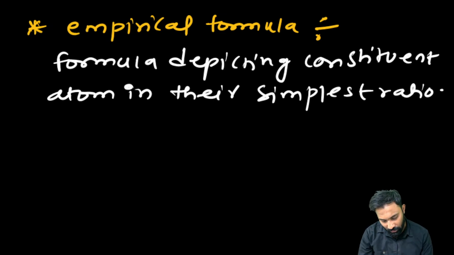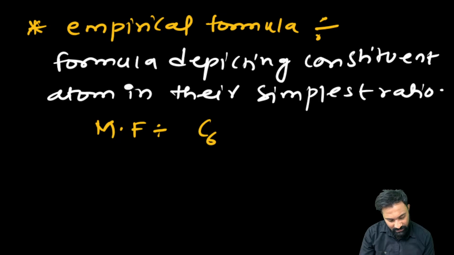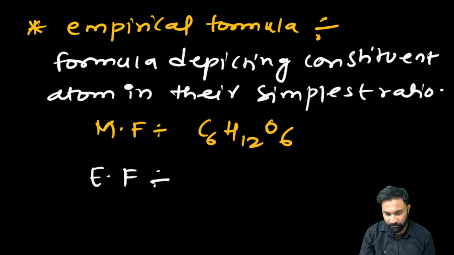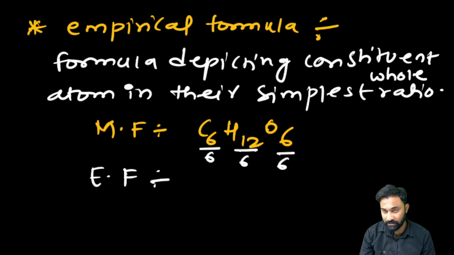Now how to make the simplest whole ratio? Taking the molecular formula C6H12O6 as an example, if I want to make it into the empirical formula, the simplest formula which cannot be further divided, I divide it by 6.